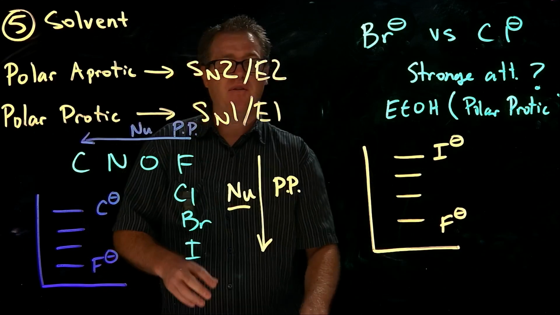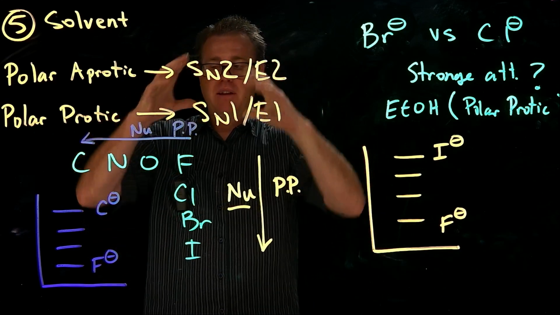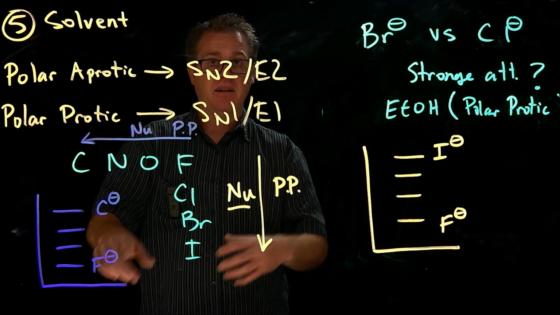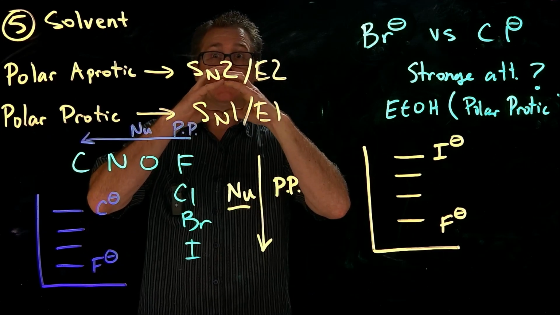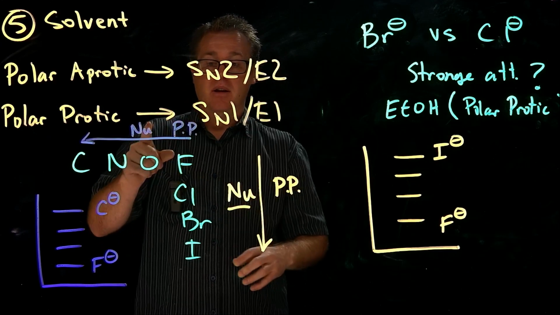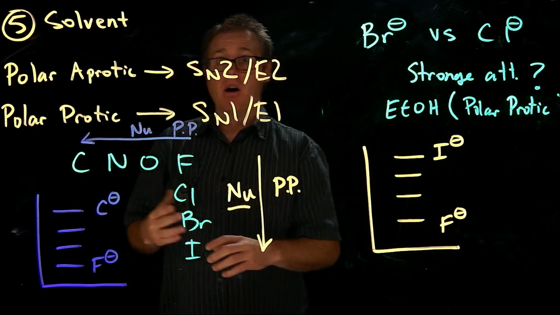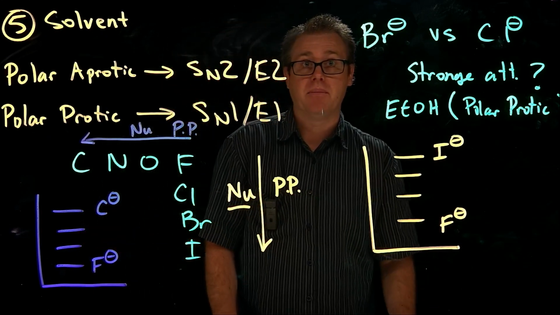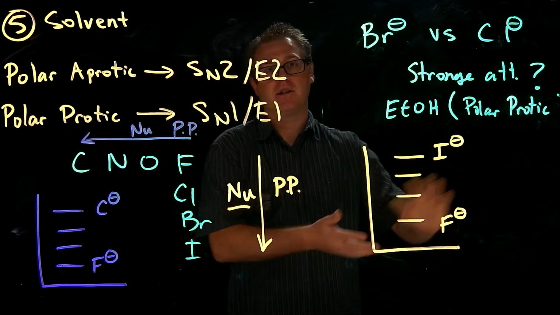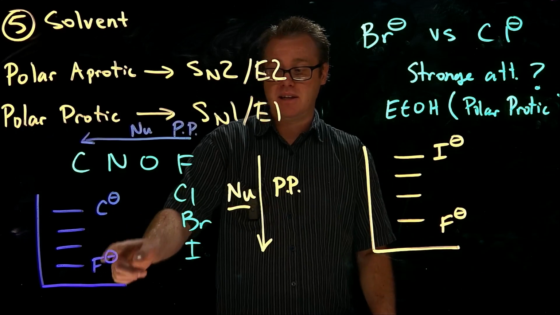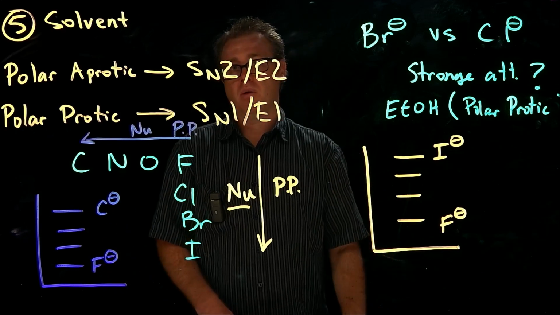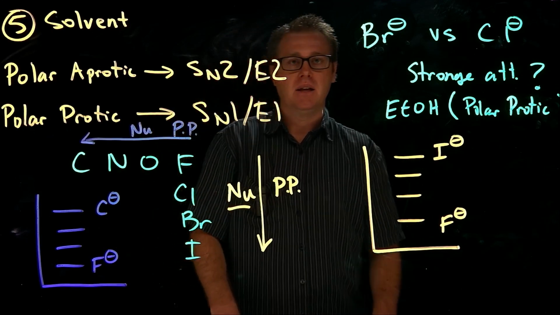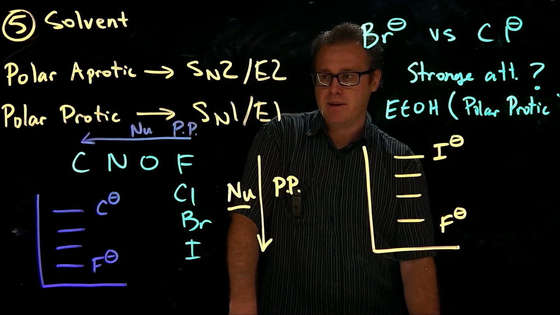So the actual volume of the carbon anion versus the fluoride anion, about the same size. So the solvent is going to solvate these anions basically to the same degree. So that's a wash. How the solvent interacts with these anions doesn't matter anymore when trying to determine which one is the stronger nucleophile.